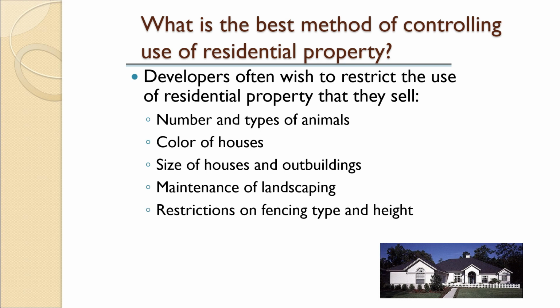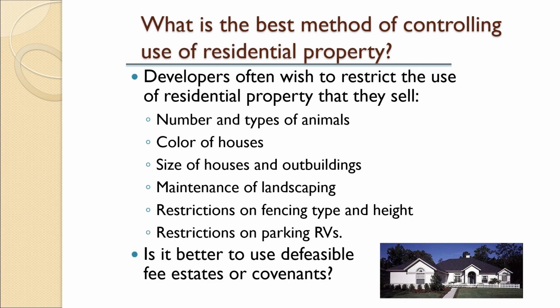They want to put restrictions on the type and height of the fencing, and they may want to restrict parking of recreational vehicles. So is it better to use defeasible fee estates or better to use covenants for the purpose of making those limitations on the use of the property after it's been sold by the developer?